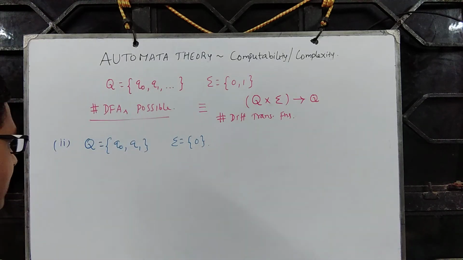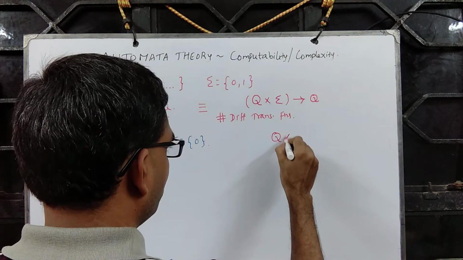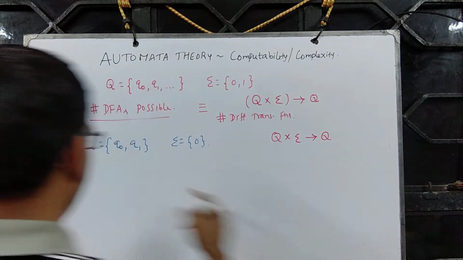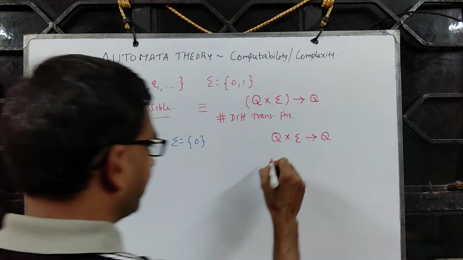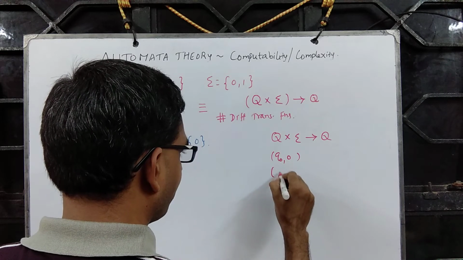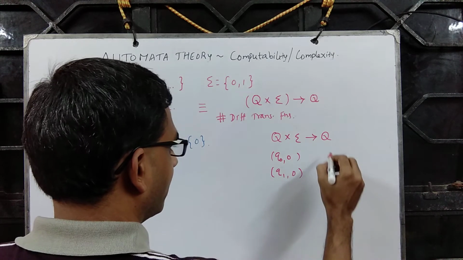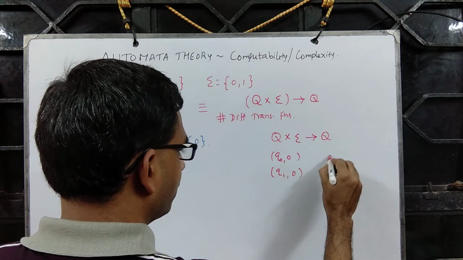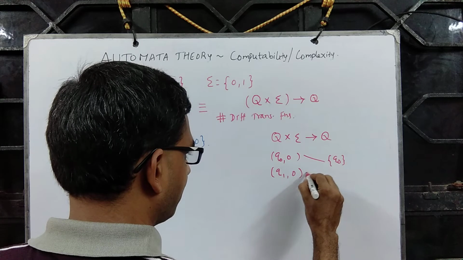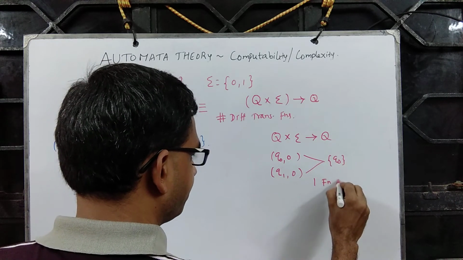In this case, the transition function goes from Q cross sigma to Q, which means the pairs are Q0 comma 0 and Q1 comma 0, going to Q.